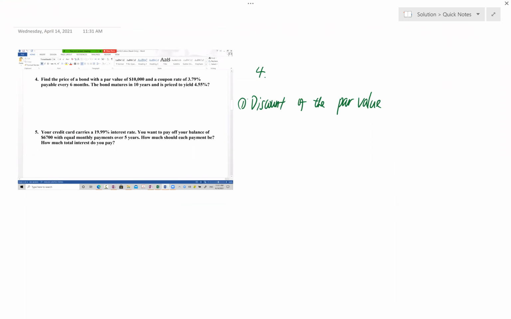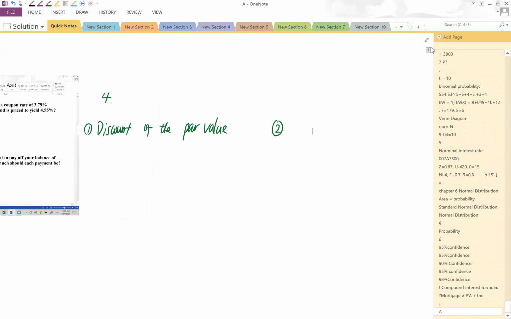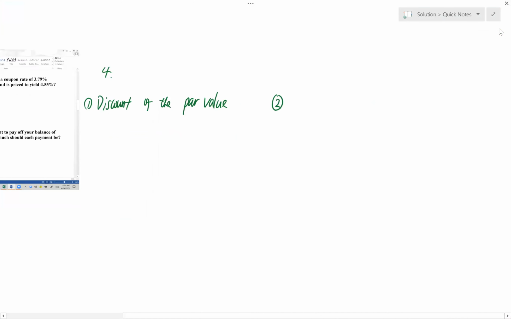The second thing is the discount of all the dividends or interest income. Maybe for a lot of people, interest income makes more sense; dividend is more of a fancy term. Let's start with the discount of par values.